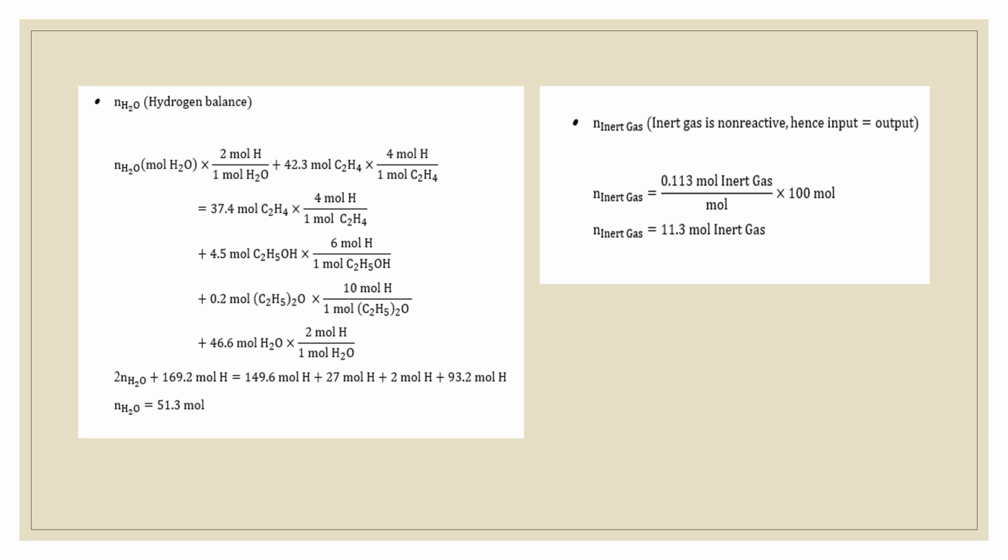At the input stream, we want to calculate the number of moles of H2O times 2 moles of hydrogen present in 1 mole of H2O, plus 42.3 moles of ethylene that we calculated previously times 4 moles of hydrogen present in 1 mole of ethylene, equals all of the elements that have hydrogen at the output stream, which is 37.4 moles of ethylene times 4 moles of hydrogen present in 1 mole of ethylene, plus 4.5 moles of ethanol times 6 moles of hydrogen present in 1 mole of ethanol, plus 0.2 moles of diethyl ether times 10 moles of hydrogen present in 1 mole of diethyl ether, and lastly plus 46.6 moles of H2O times 2 moles of hydrogen present in 1 mole of H2O.